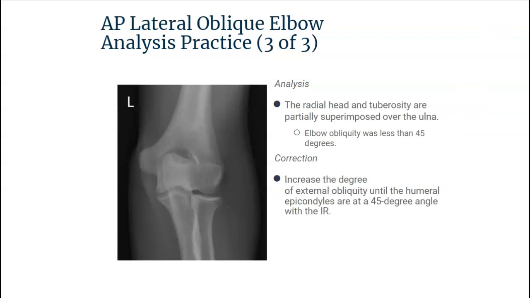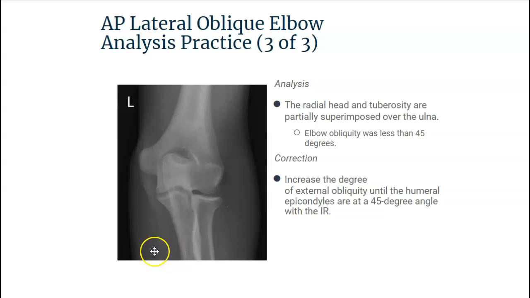So for our last image analysis, we're going to take a look at an external oblique or lateral oblique projection. When evaluating this, at first glance, it almost looks like an AP projection. I would almost say that we are insufficiently obliqued.